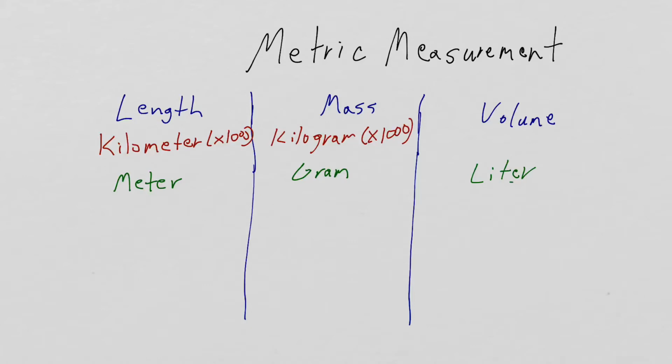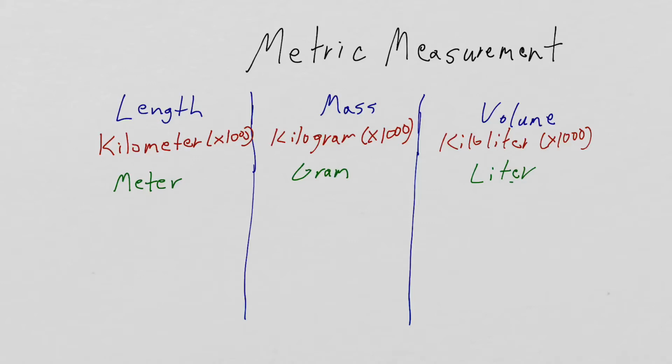So 1 kilogram is 1,000 grams. And then with volume, if I add kilo to liter, I end up with what's called a kiloliter. And that, of course, means 1,000 liters. So how many liters are in a kiloliter? Well, 1,000.